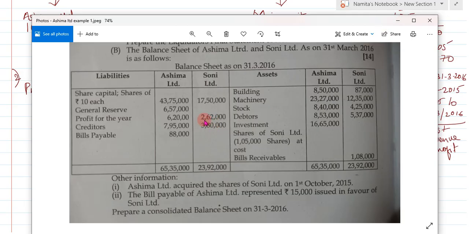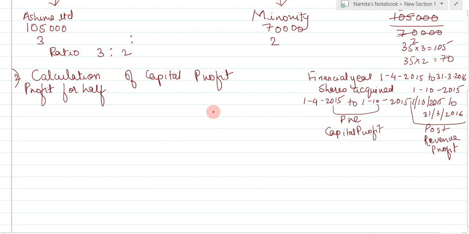Okay, so of this profit for the year of 2,62,000, some part is of pre-acquisition and some part is of post acquisition. So for calculation of capital profit, we take the months before acquisition.